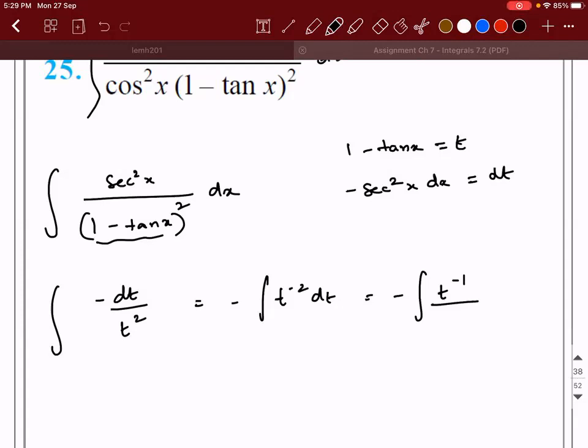It should be 1 by t, because the derivative of 1 by t is minus 1 by t square. So 1 by t plus c. So 1 divided by 1 minus tan x plus c. Okay.